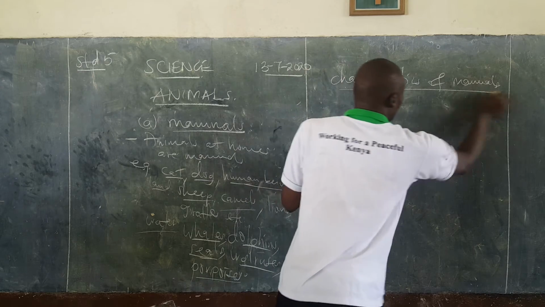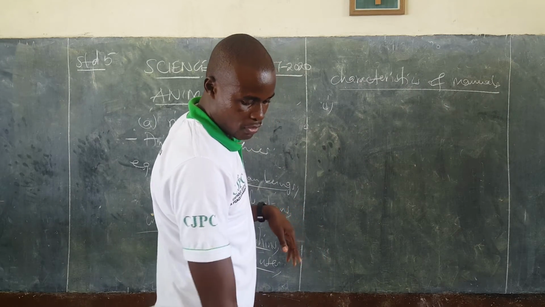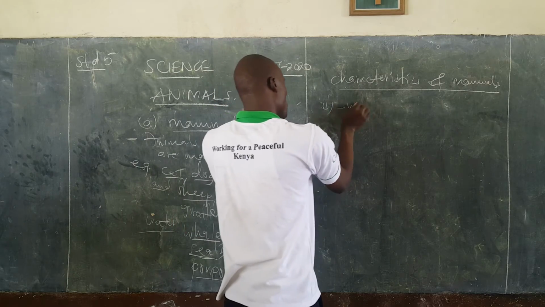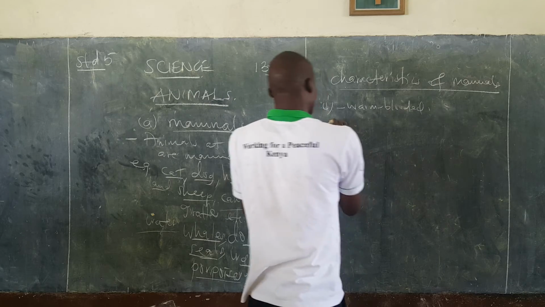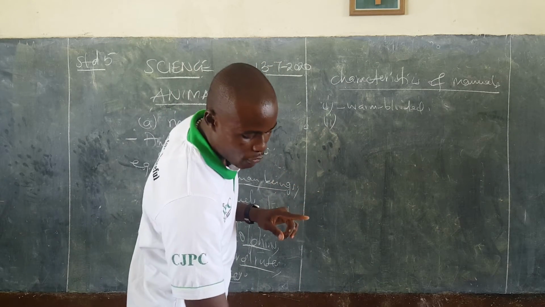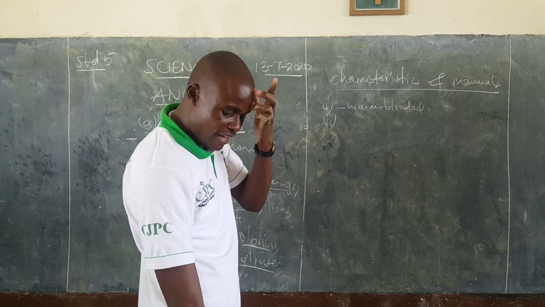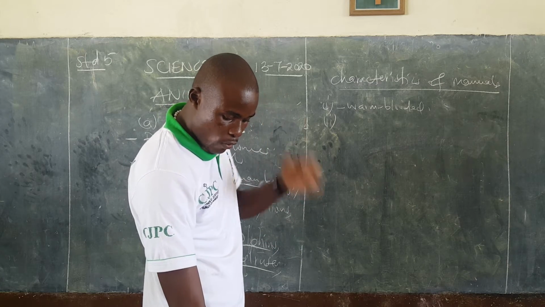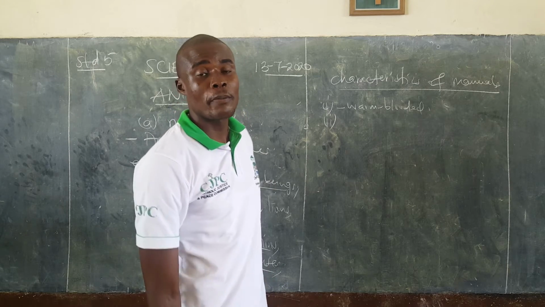So the mammals, from Roman 1, all mammals are warm-blooded. We mentioned that. They are warm-blooded, all of them. There's not even a single mammal that is cold-blooded. And we mentioned the meaning of being warm-blooded. Warm-blooded is when they have a constant body temperature, when their body temperature does not change according to the environment.